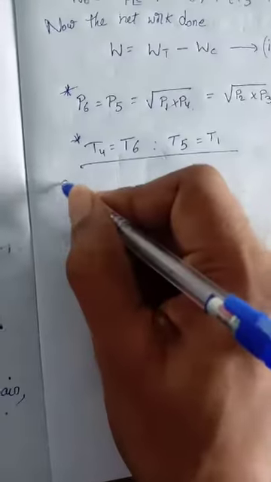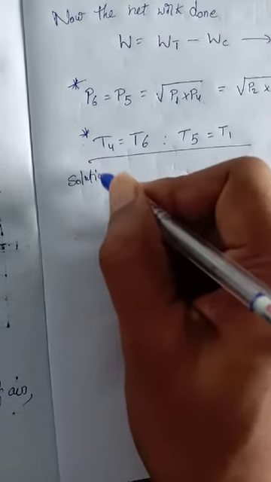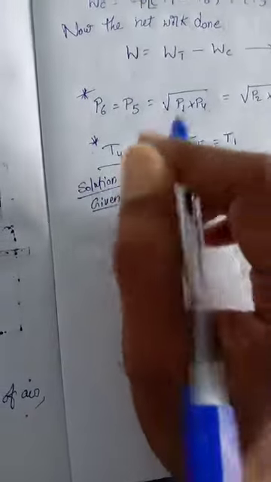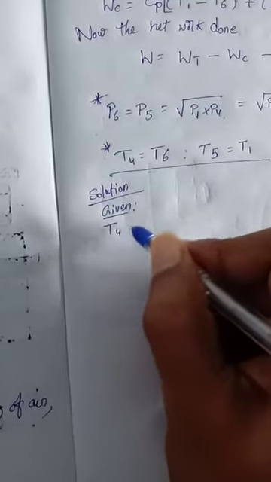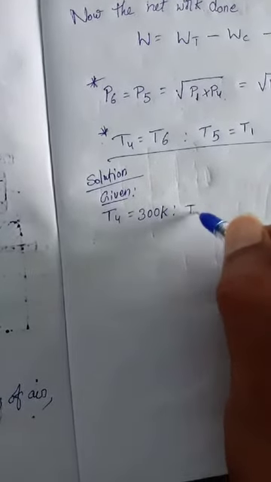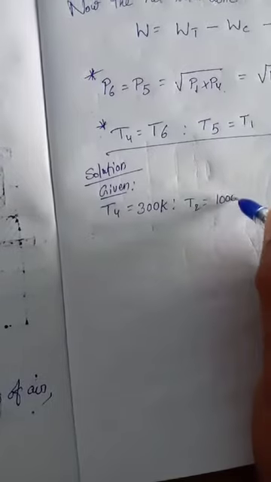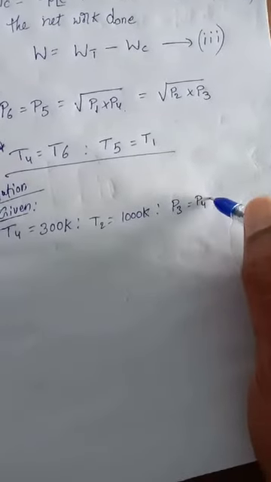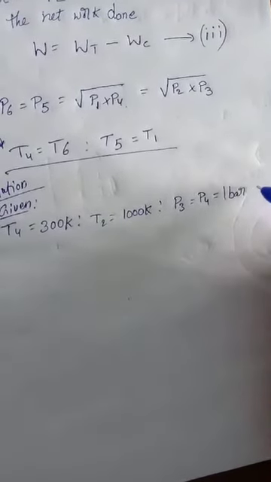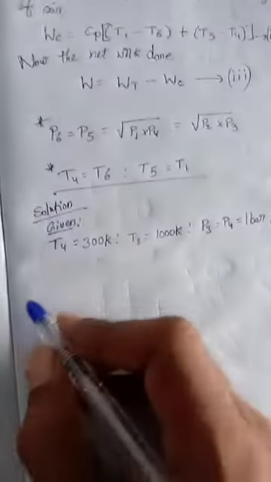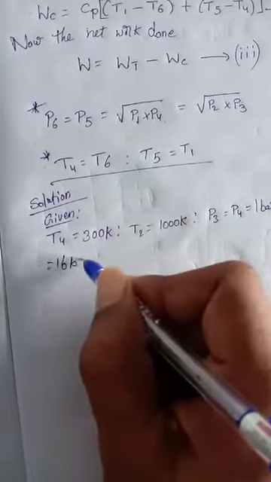First we are going to take the solution. Given: T4 is equal to 300 kelvins, T2 is equal to 1000 kelvins, P3 is equal to P4, that is equal to 1 bar, and P1 is equal to P2, that is equal to 16 bar.